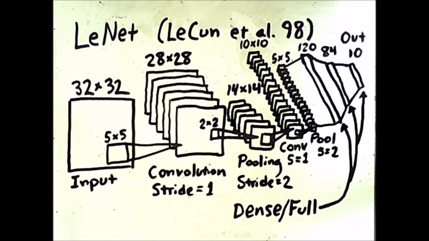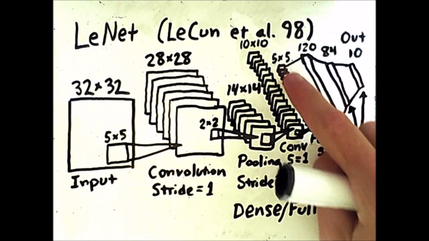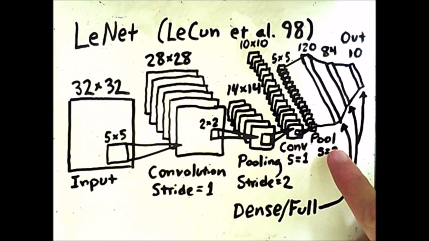So the whole point of all of these convolutional operations and filters is to take the raw input and extract useful features. Once we have extracted useful features up here at this pooling layer, we then process those features the standard way that we would with a fully connected feed-forward multi-layer perceptron.